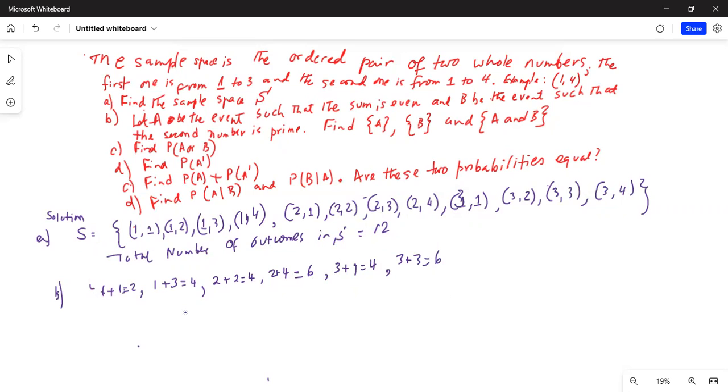So how many outcomes are there? A consists of (1, 1), (1, 3), (2, 2), (2, 4), (3, 1), and (3, 3).